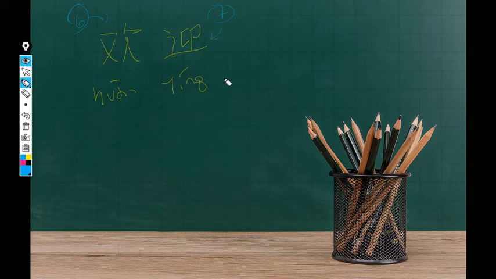Okay, so let's talk about this for a second, right? Strokes, which are maybe this, or maybe this one, or maybe this one, create, a combination of strokes makes what we call radicals.